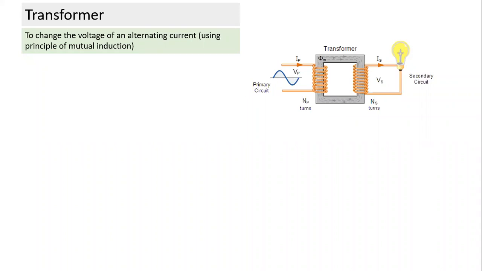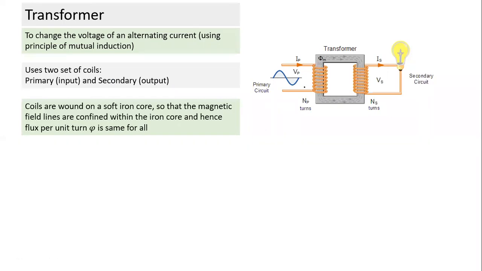We will briefly look at why we want to convert. So what does it do? It uses two sets of coils. The primary coil we call the input side, and the secondary coil we call the output side. It has a certain number of turns. These coils are wound on a soft iron core.